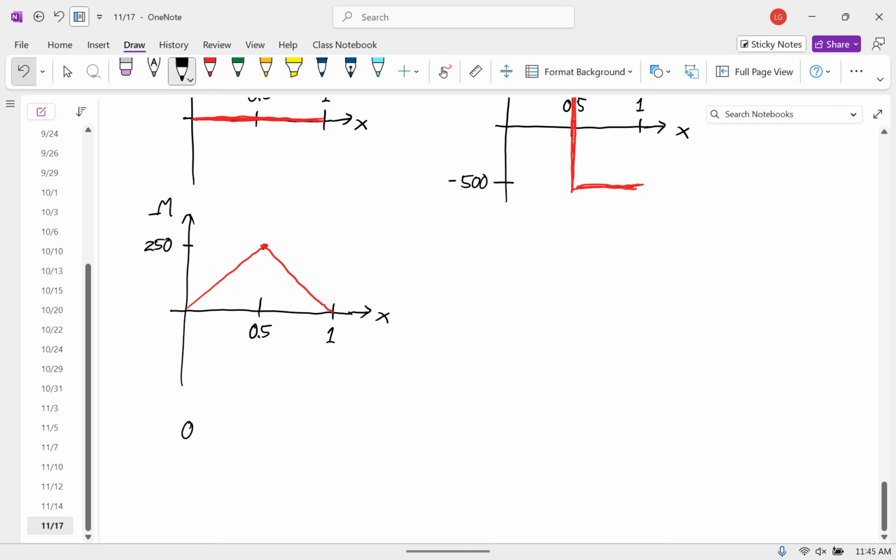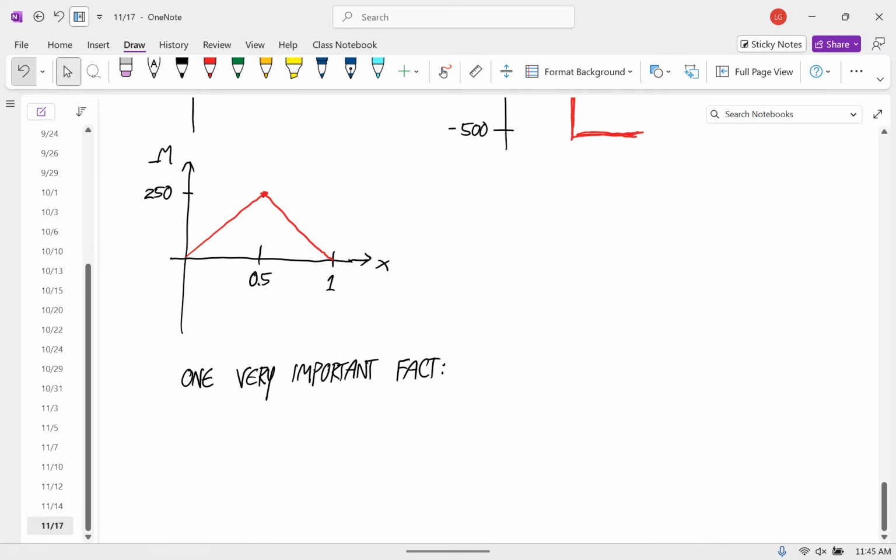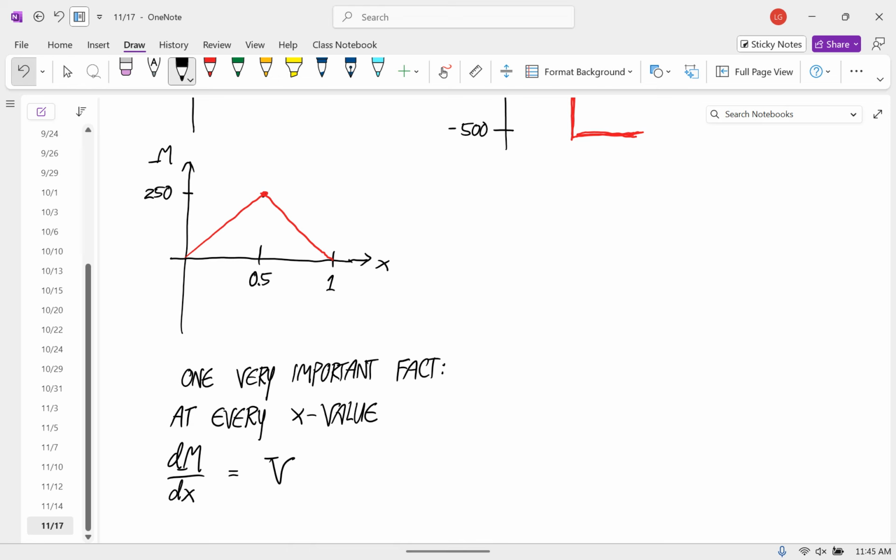So this is one very important fact that we're going to use all the time. At every x value, the derivative of the bending moment with respect to x is equal to the shear force.